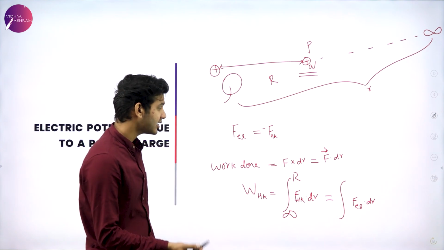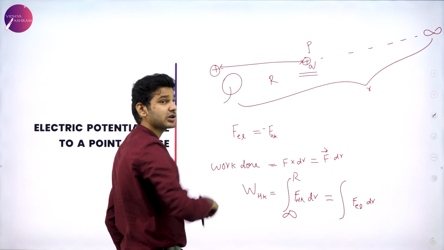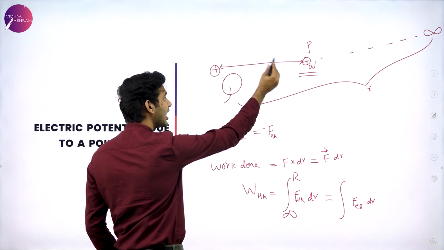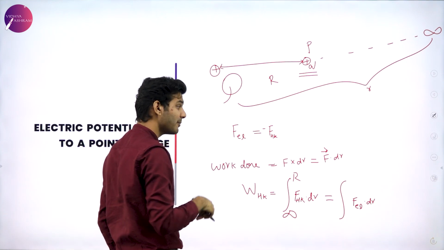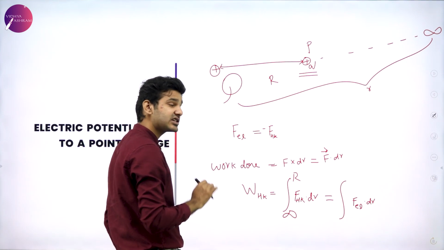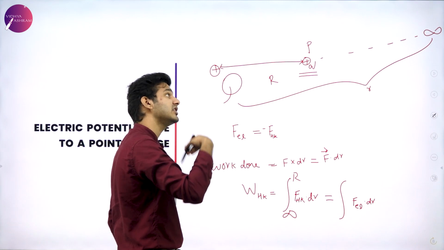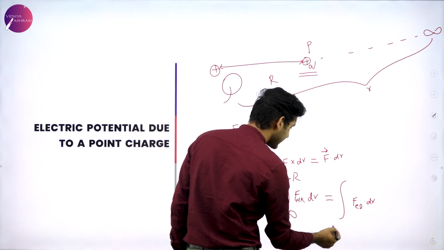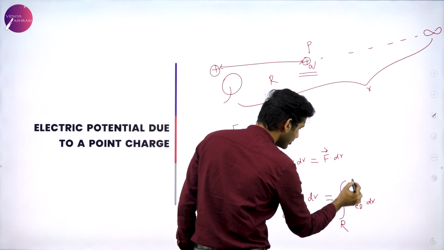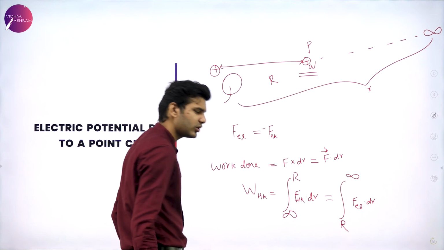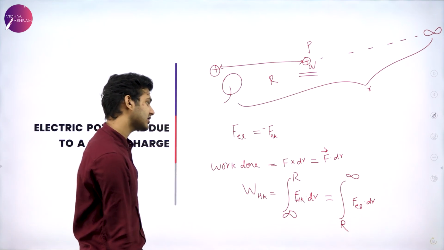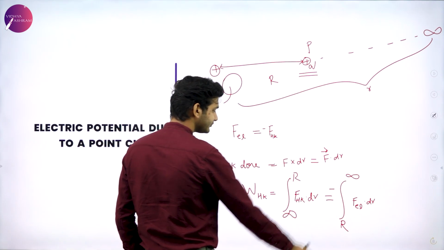And from where to where? It is not from infinity to that particular point r where the point P is, but the force that the electric field is applying is directly in the opposite direction. So we can say that it is from r to infinity. The only thing is that it will be in the opposite direction, so we can put a negative sign.